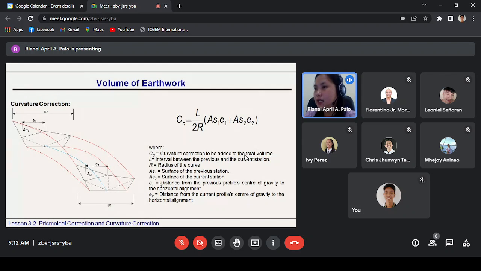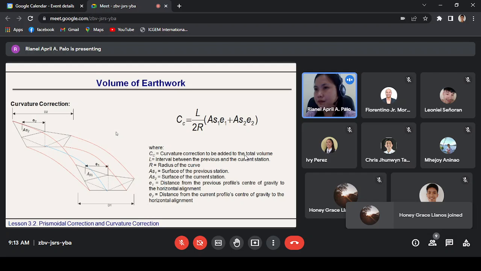Then E1 is the distance from the previous profile's center of gravity to the horizontal alignment. So E1 is the horizontal distance of the centroid. Then AS2 is for the second station, and E2 is the horizontal distance of the centroid from the center point or the center line.